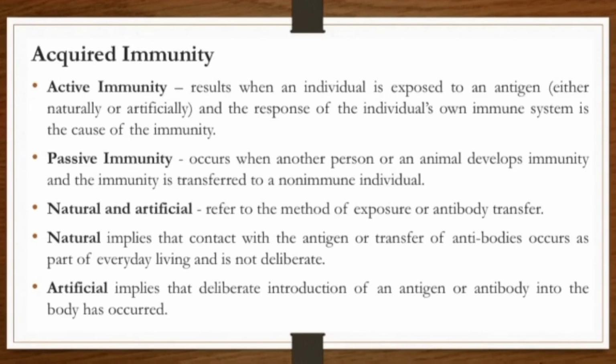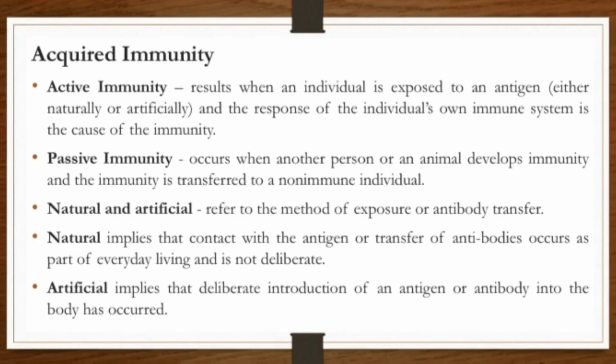And lastly, acquired immunity. Active immunity results when an individual is exposed to an antigen, and the response of the individual's own immune system is the cause of immunity. Passive immunity occurs when another person or an animal develops immunity and the immunity is transferred to a non-immune individual.